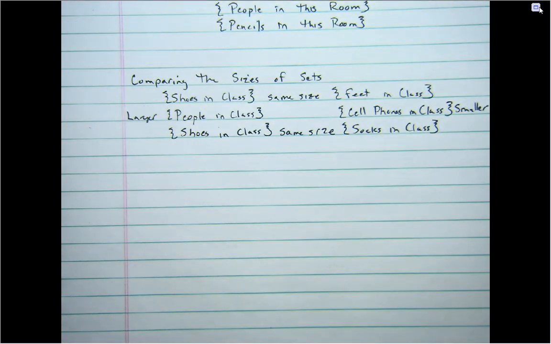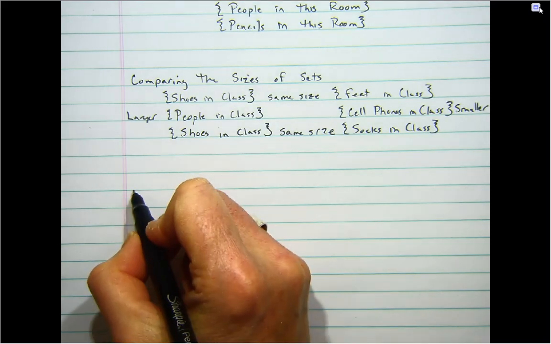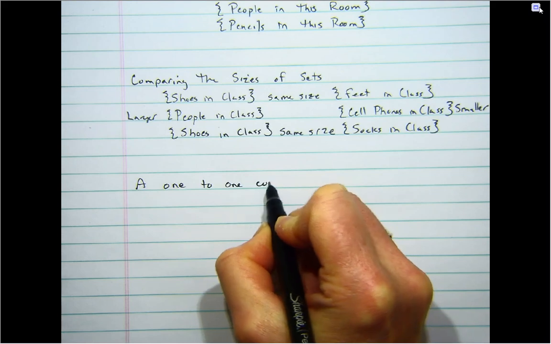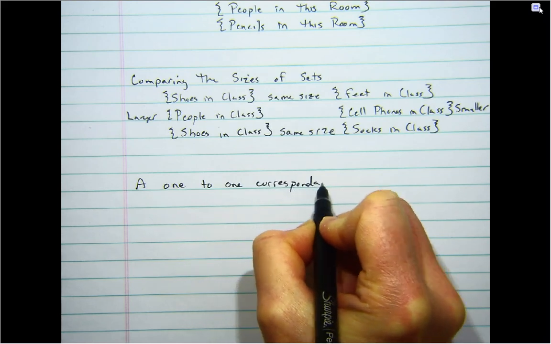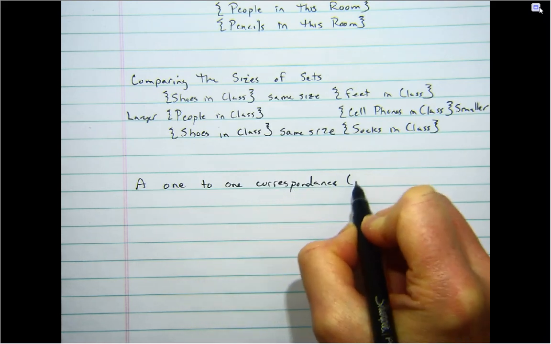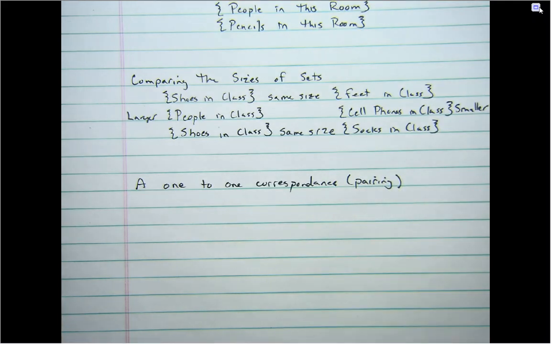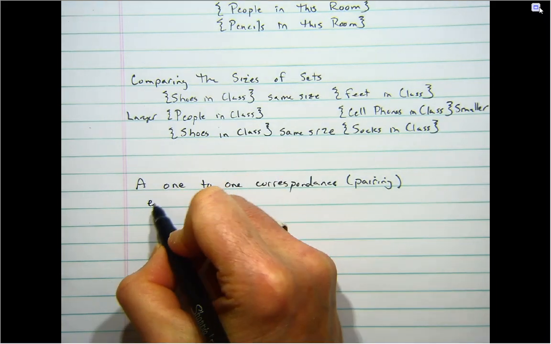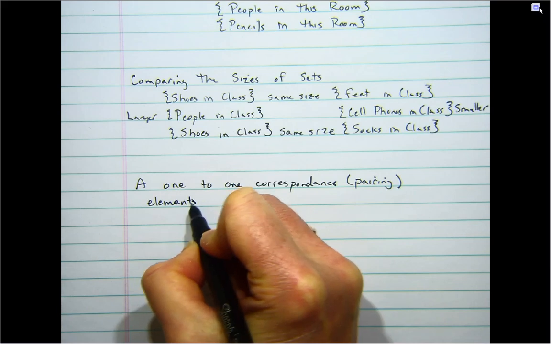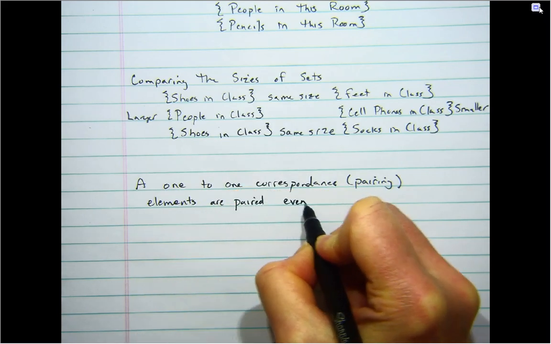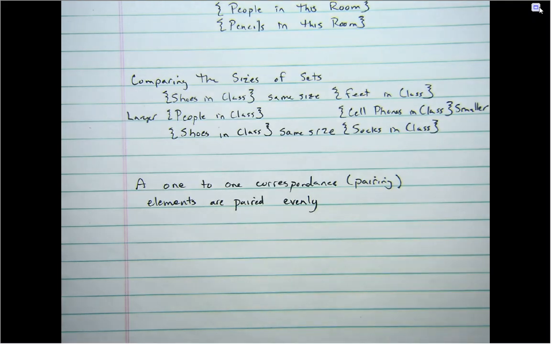So what we're doing when we're pairing up like this is we're creating a one-to-one correspondence. A one-to-one correspondence, or a one-to-one pairing, where the elements can be paired evenly.